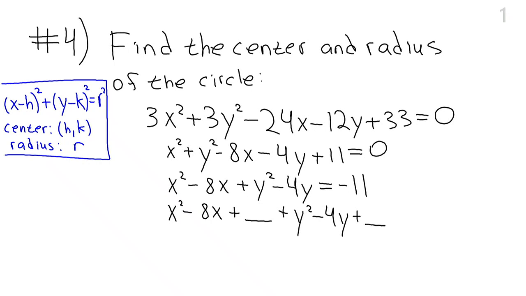I'm going to add something. And the crucial step in completing the square is we have to add the same thing to both sides. So I'm going to figure out what I need to add. Well, if I have x squared minus 8x, I need to add something to make it into a perfect square.